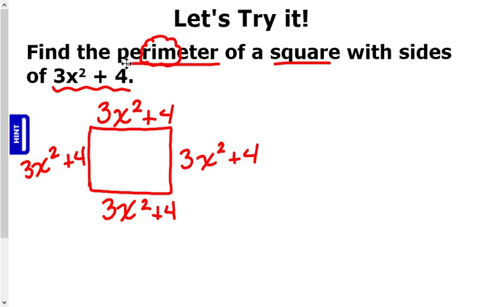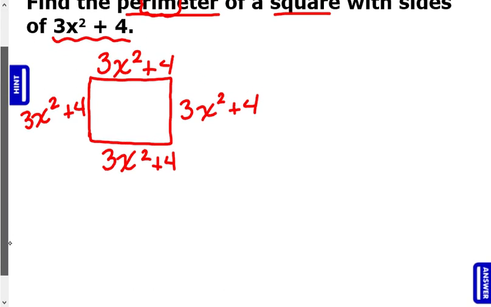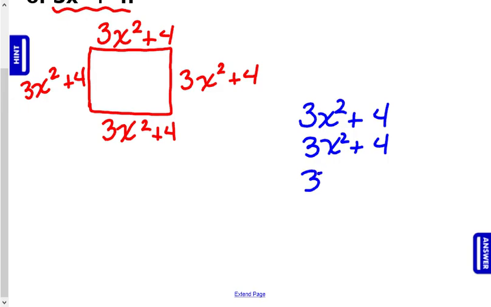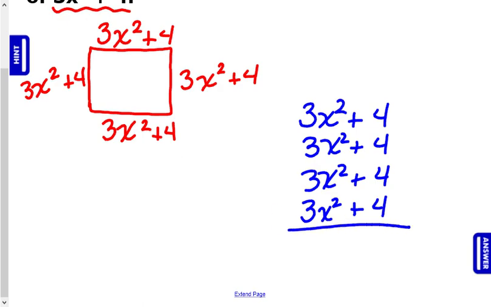So now if we want to find the perimeter, remember perimeter means the distance around. So that means that we want to add all four sides together. So we want to add 3x squared plus 4 plus 3x squared plus 4 plus 3x squared plus 4 plus 3x squared plus 4. And by lining it up like this, it has already grouped my like terms for me.